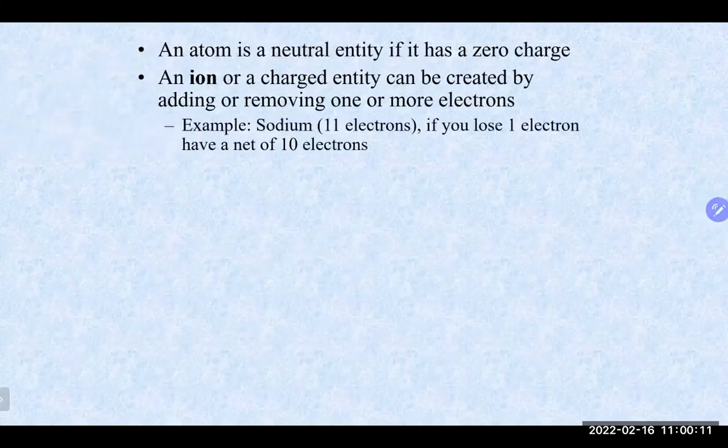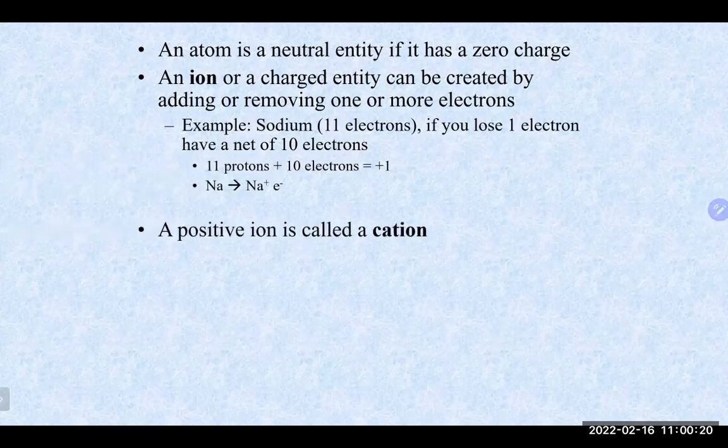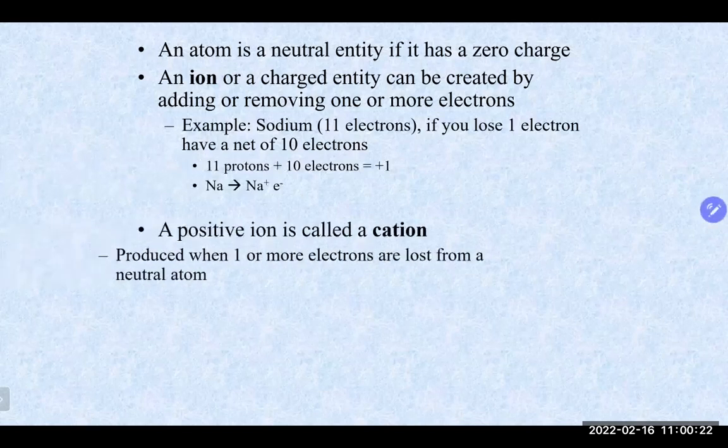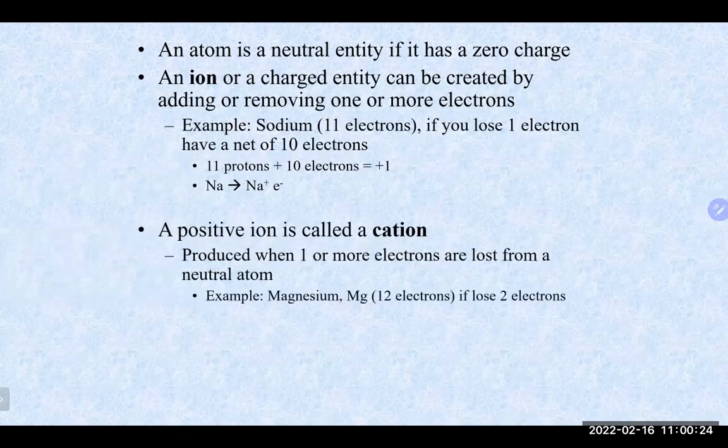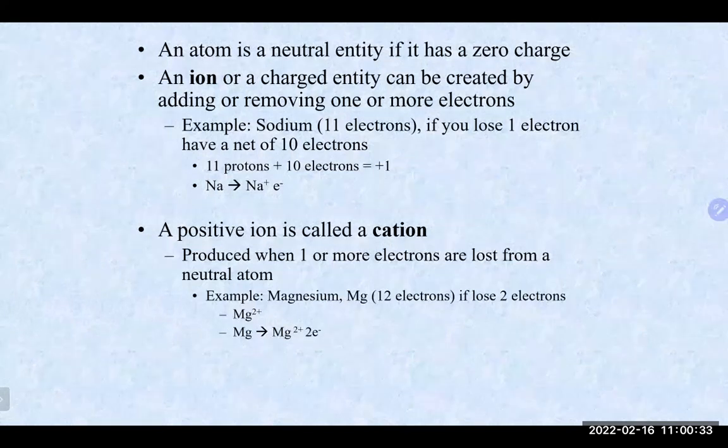To finish up, we also talked a little about ions earlier, but just to make sure we understand it, an atom is neutral, which as we talked about means it has the same number of protons and electrons. It is when we change the number of electrons that we create ions, and we create two types. One is a cation, which, as we talked about earlier, is a result of losing electrons. We can represent that in a chemical equation.